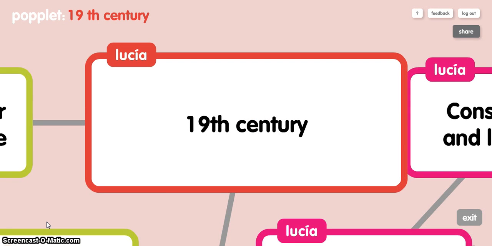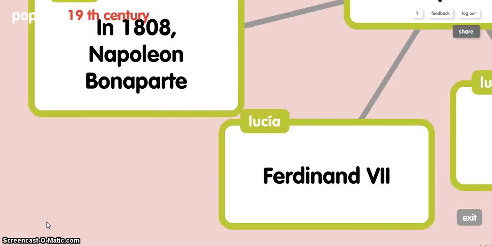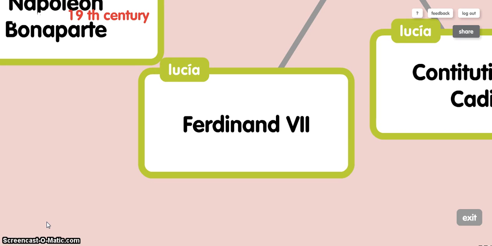The Spanish War of Independence. In 1808, Napoleon Bonaparte, the Emperor of France, invaded Spain. Charles IV was deposed and his son King Ferdinand VII was forced to abdicate the throne.